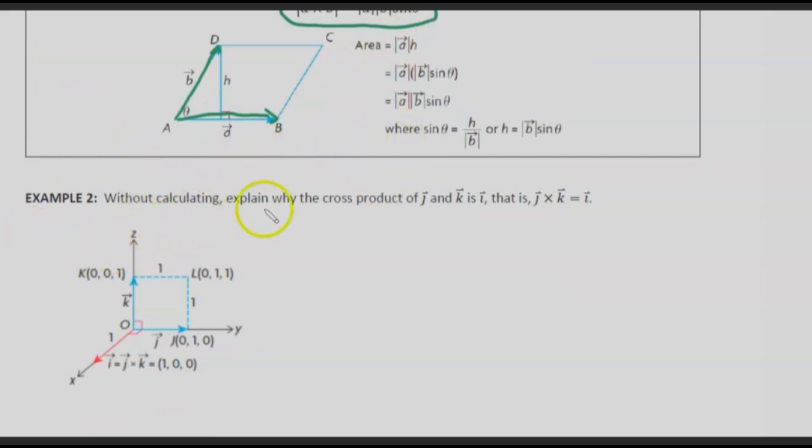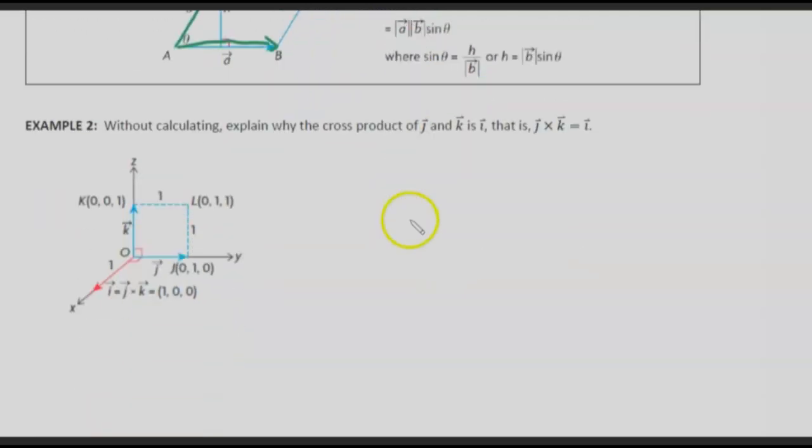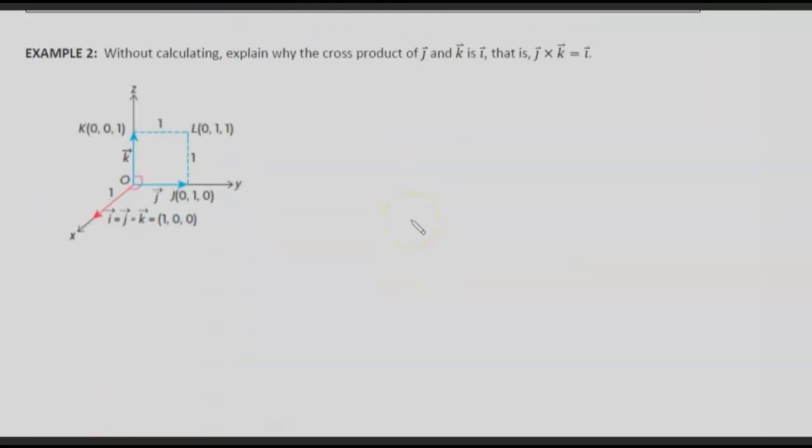Example 2: without calculating, explain why the cross product of J and K is vector I. In other words, J cross K equals I. We'll do this one first, and then we'll do one involving the area of the parallelogram.